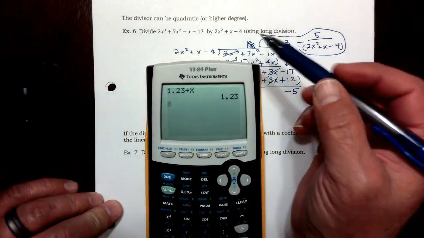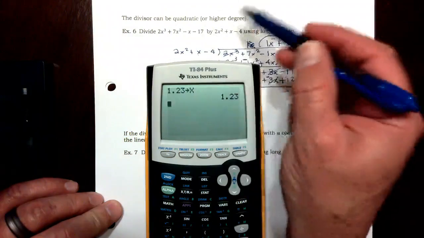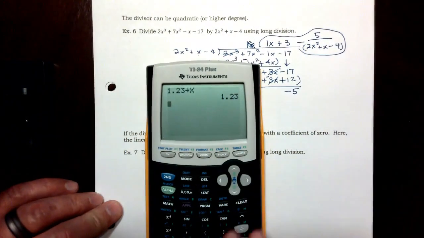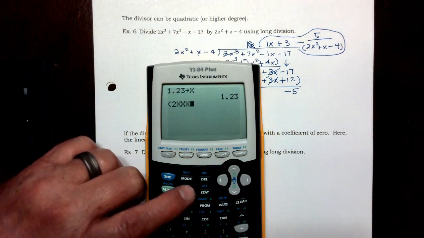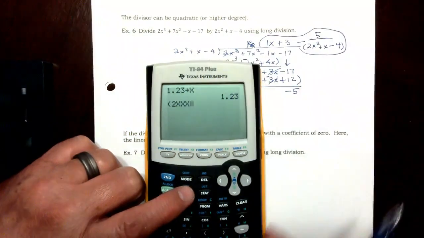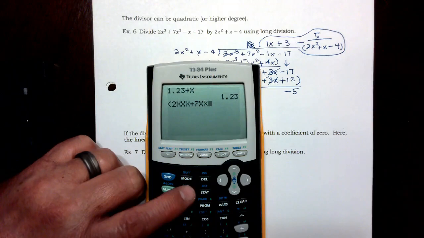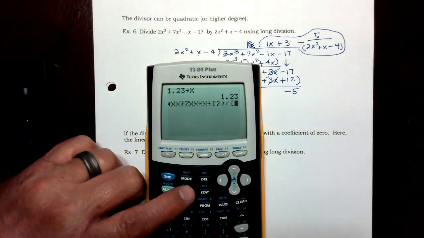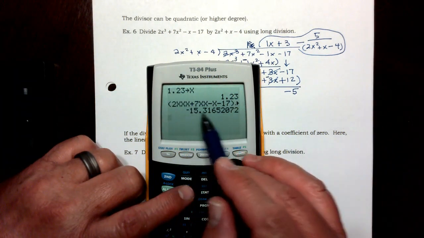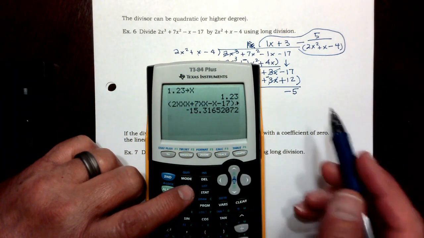And then I'll do the original problem, which is this expression divided by that expression. So we put them in parentheses here. 2x cubed plus 7x squared minus x minus 17, divided by this divisor, 2x squared plus x minus 4, and you can see that that gives us this long number that ends in 072.